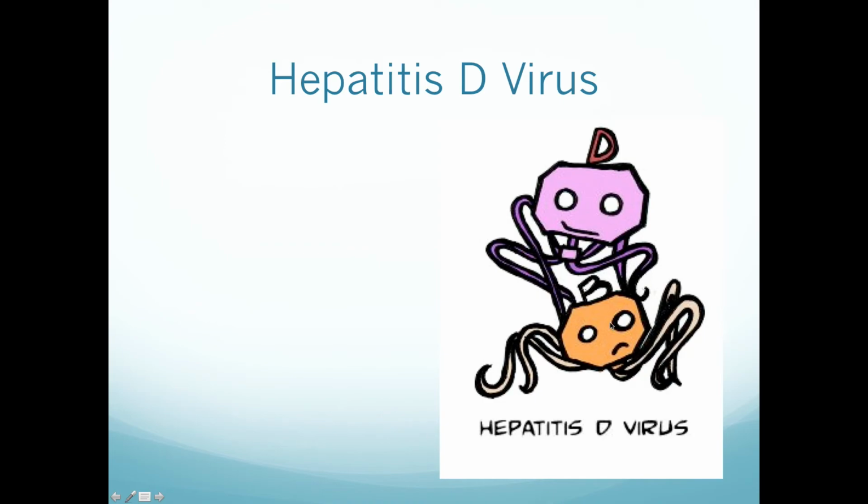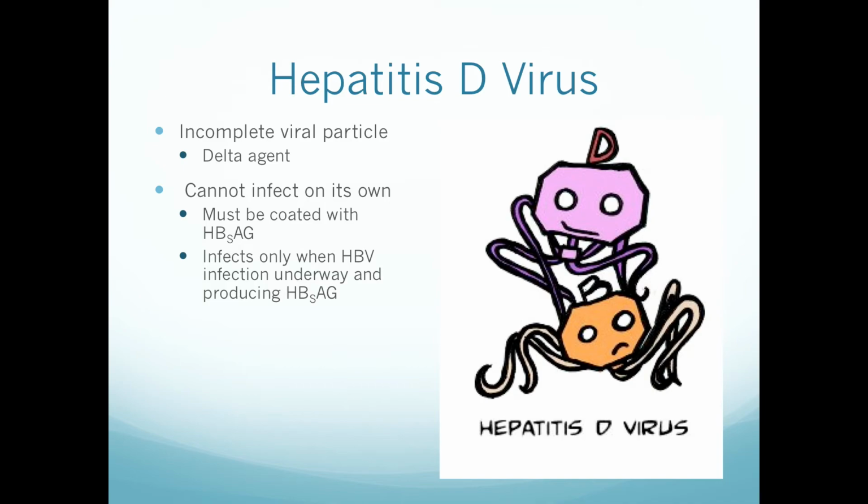And it piggybacks on Hep B infections and utilizes its surface coat so that it can borrow it to infect other cells. Hep D is really bad. Not only is it making poor Hep B in this picture kind of miserable because it looks heavy, but it causes massive, massive liver necrosis. So again, it's an incomplete viral particle, the delta agent or delta particle.